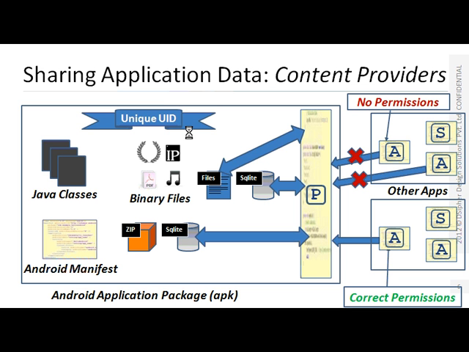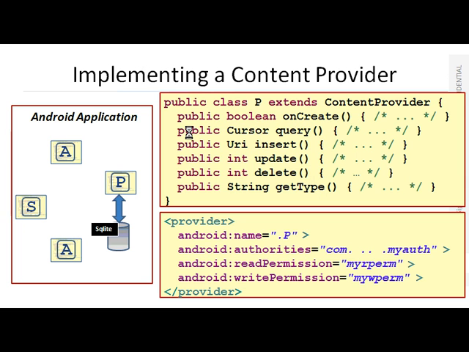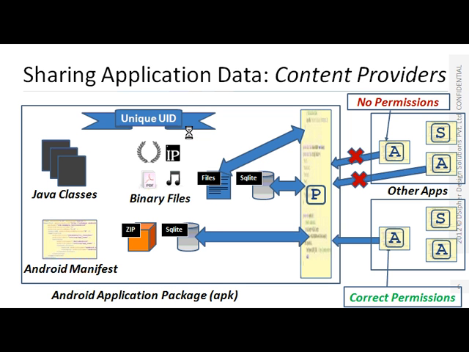And the other applications, those who want to get access to the data of our application, in the sense of the application that wants to share its data, in those applications' Android manifest.xml file you will specify the uses-permission tag.